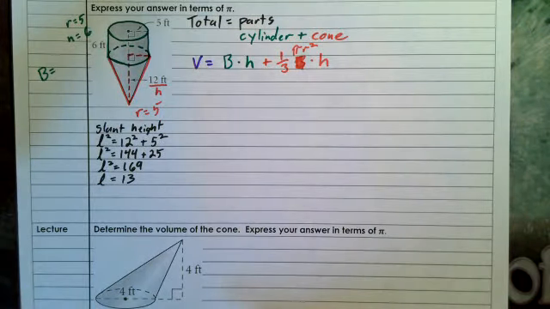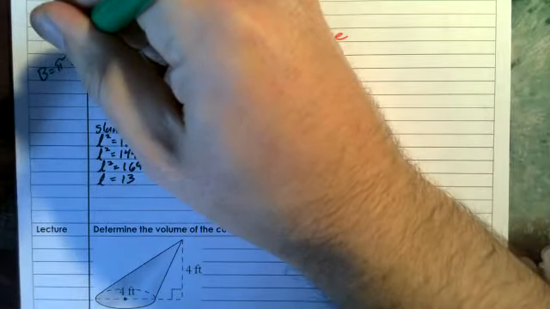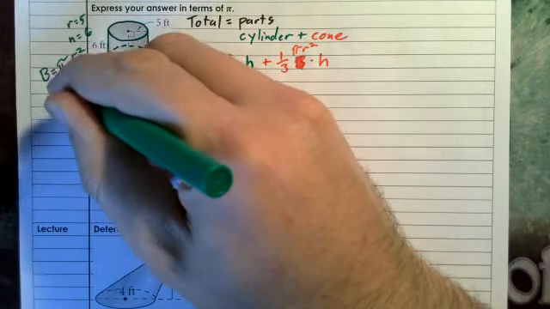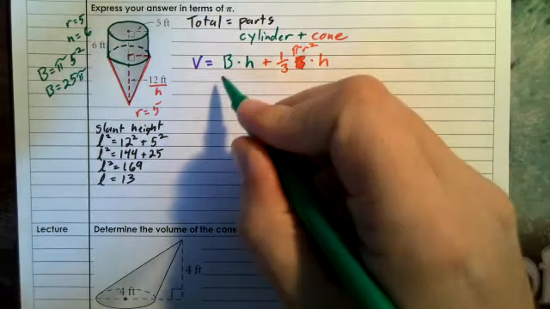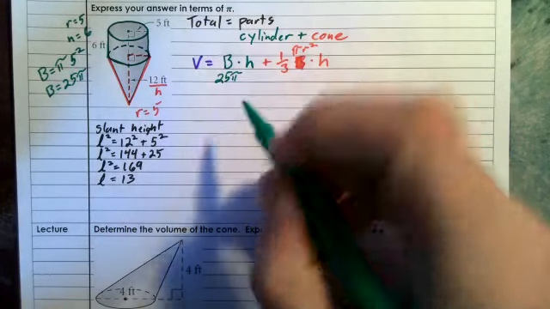So let's figure that out. Let's figure out what b is. So b has got to be pi r squared. So that's pi and our radius squared, so 5 squared. So b has got to be 25 pi. So this b right here, 25 pi. Now this h, be careful about the h's here.